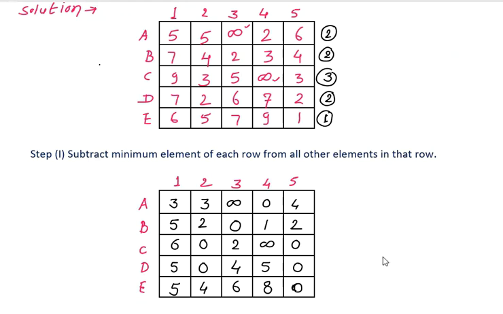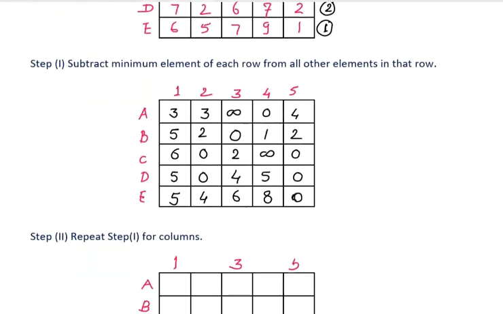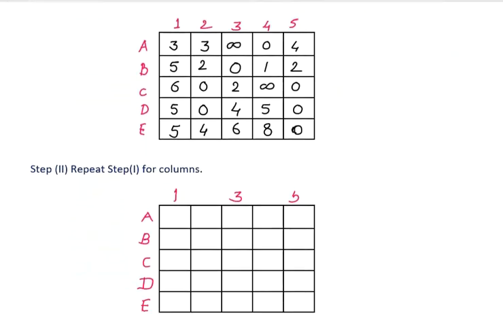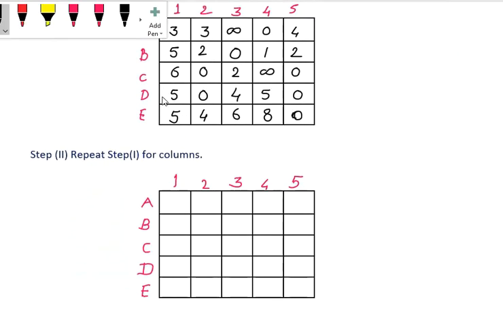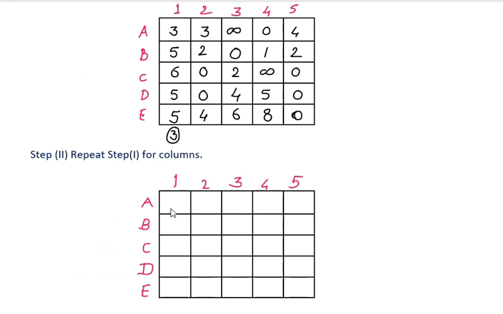Now apply step number 2. Repeat step 1 for columns. Now in the first column, the smallest entry is 3. Subtracting 3 from all the numbers in the first column, we get 3 minus 3, 5 minus 3, 6 minus 3, 5 minus 3, 5 minus 3.